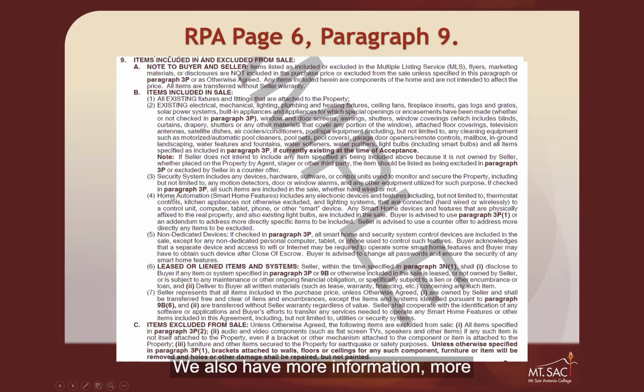We also have more information, more clarification regarding security systems, home automation, non-dedicated devices. So again, those smart houses, you need to transfer the technology so it doesn't get transferred as a dumb house, right? It needs to be a smart house. And then 9C at the bottom, again, those items excluded from sale.